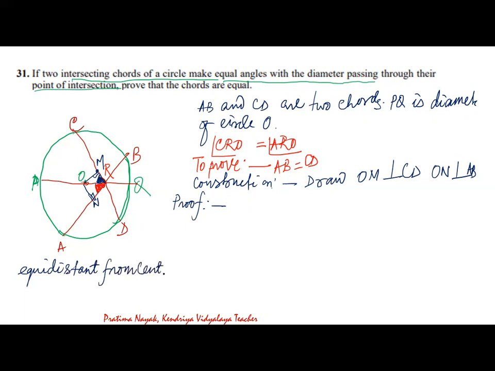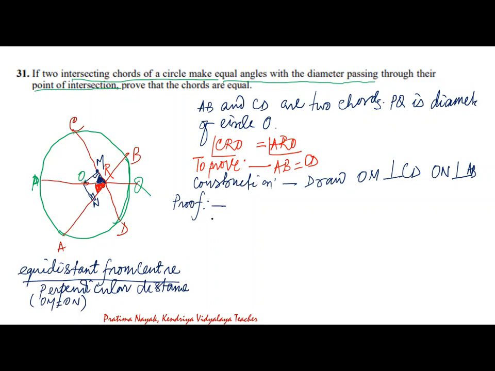Equidistant chords of the circle are equal. Equidistant means perpendicular distance. That's why we drew perpendiculars. So I'll show that OM is equal to ON. This is my rough work. If distances are equal, chords are equal. Distance means perpendicular distance, so I draw the perpendicular, that is my construction.